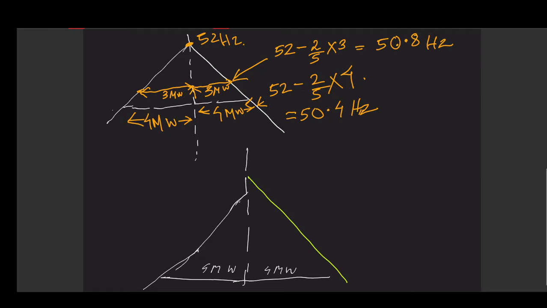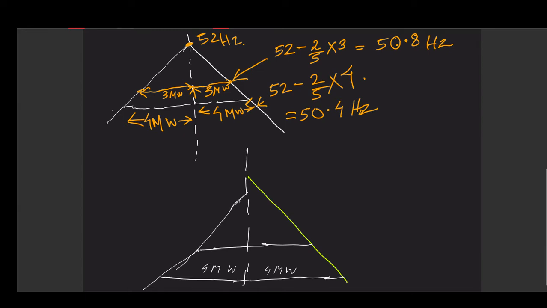Now if this is your 8, then in proportion with that you will get a 6 megawatt line. You will be able to draw a 6 megawatt line in scale with that.